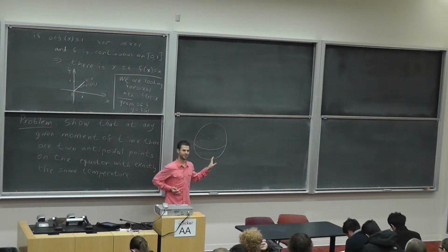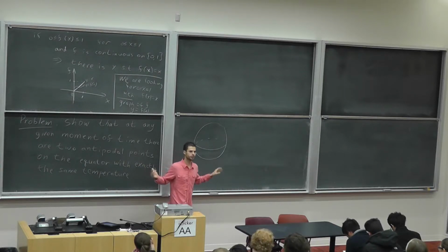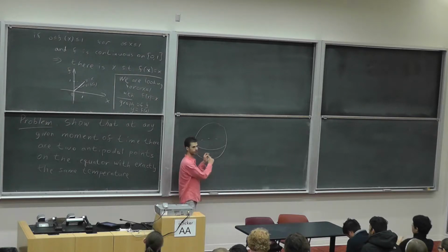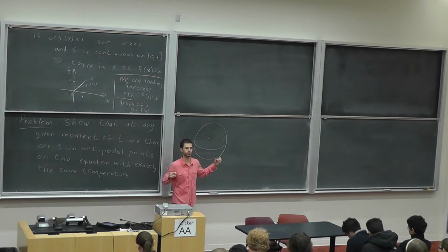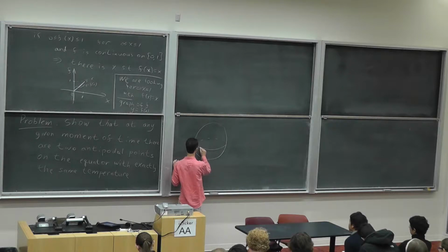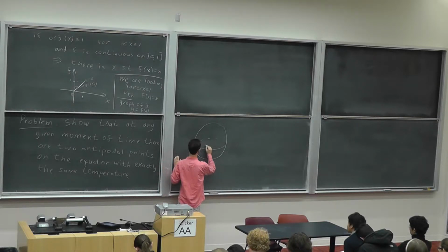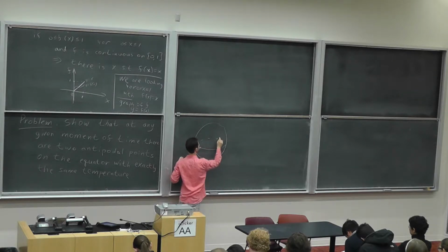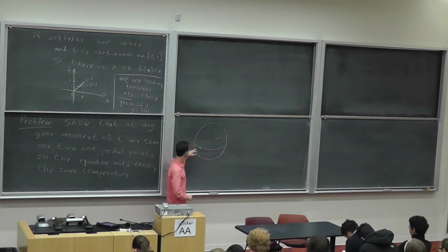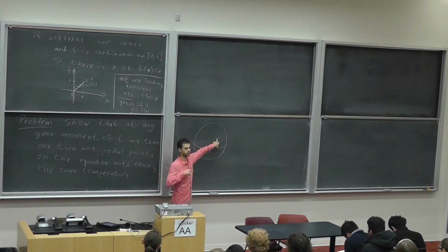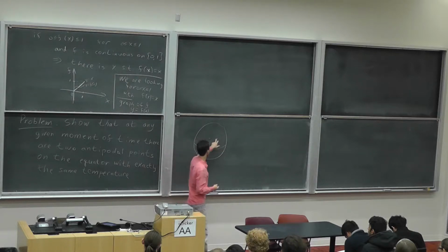And the question is about 2 points on this equator, and antipodal means they are exactly opposite to each other. So if here's 1 point on the Earth, then the antipodal point would be that point. You have to connect this point to the center of the Earth, draw a line, and on the other side of the Earth, you'll find this antipodal point.